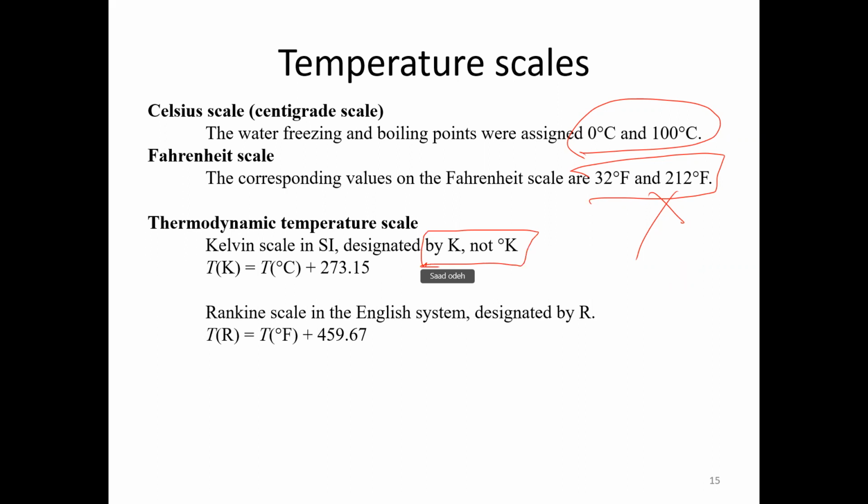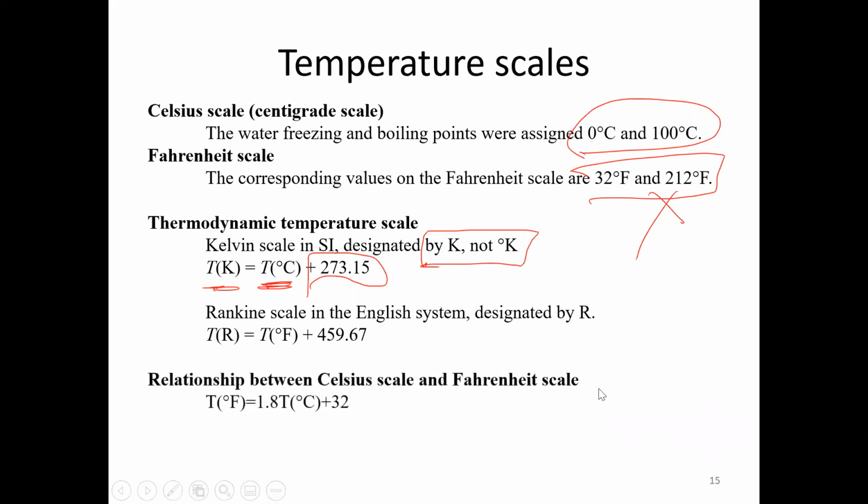The Kelvin scale is the Celsius temperature plus 273. You need to use this in some equations, especially in heat transfer, when the temperature is to a power more than 1, such as to the power 2 or 4. Then you need to use Kelvin, otherwise you get the wrong answer.